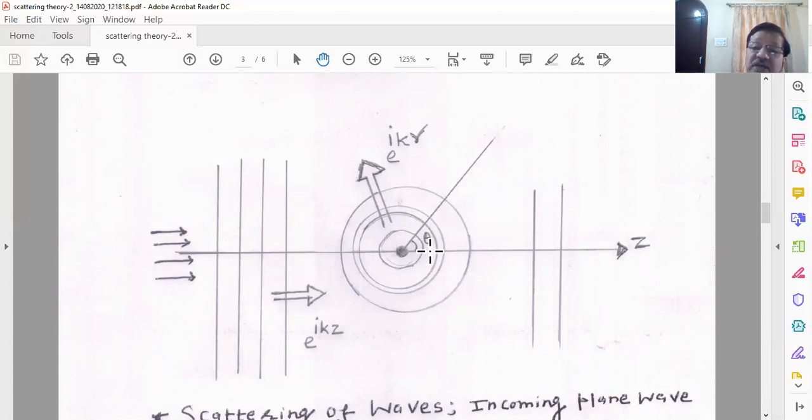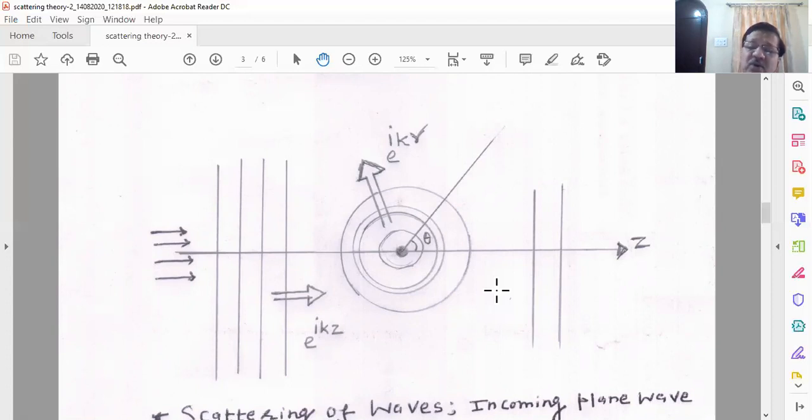We have two important parameters in scattering theory: the direction of the scattered beam is characterized by the two polar angles theta and phi. Generally, angle phi is the angle between the orientation of the plane. Phi basically measures the orientation of the plane with respect to the reference plane.